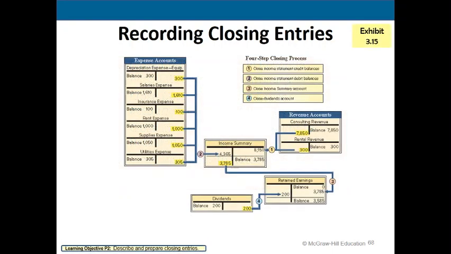So let's look at this. We've got our running example that we've been using. In step one, they've got a balance in revenue accounts. So they debit consulting revenue for 7850 and rental revenue for 300.